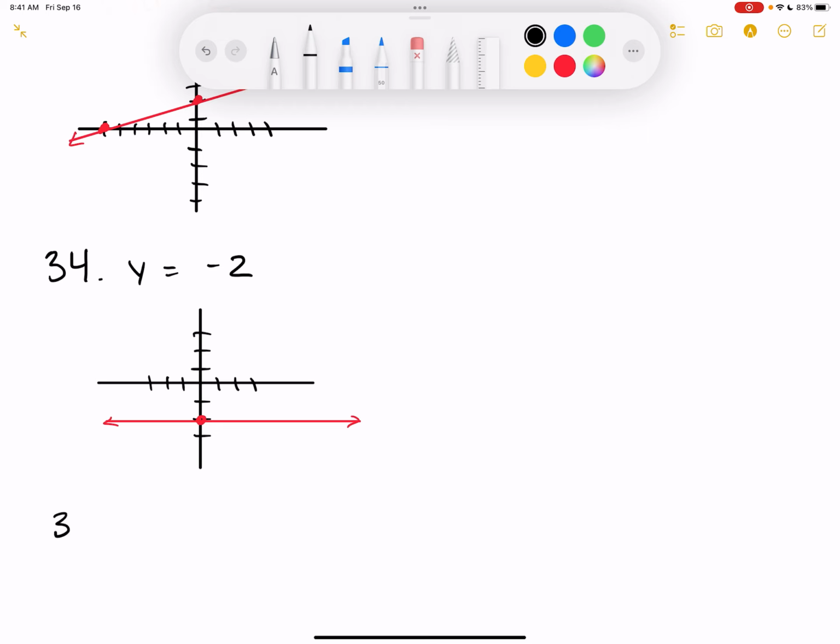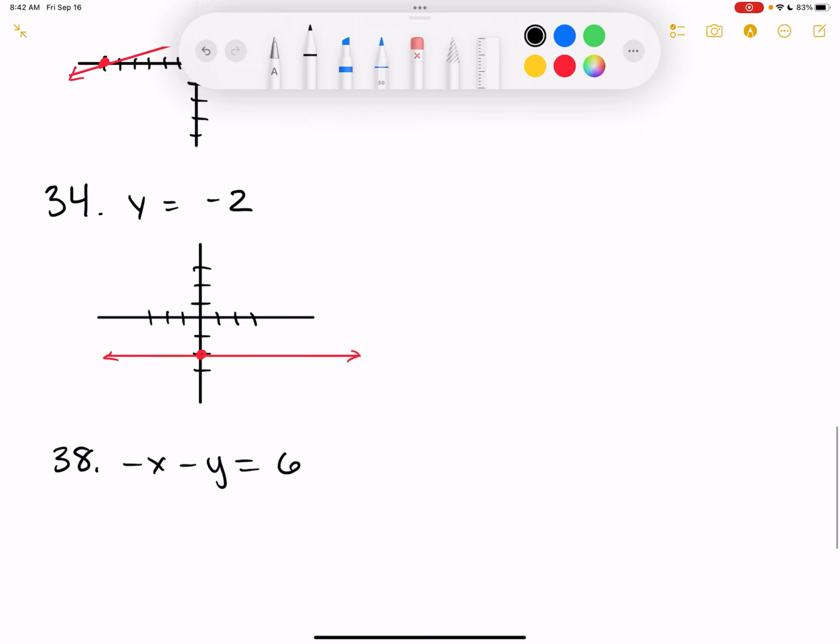Let's see, 38. Negative x minus y equals 6. So what method do you want to use to do this one? Do you want to move it, change it to slope-intercept form, or use the intercepts, like finding the intercepts and then graph it? Let's do the second. Find the intercepts. So what's the x-intercept? -6.